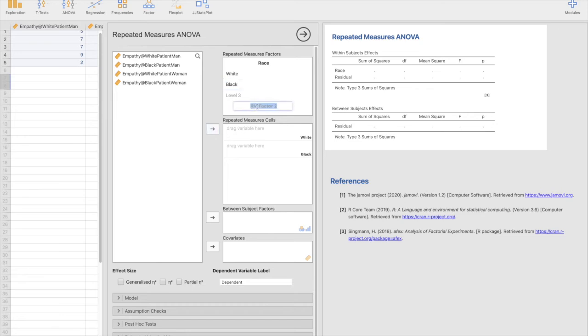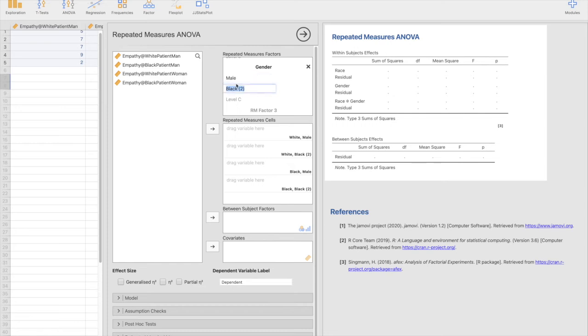My repeated measure factor number 2 is gender, male, enter, female, enter. All right, now we have that all completed, and you'll look down here, it says repeated measure cells. And it says, okay, put the white male cell here, the white female cell here, the black male cell here, and the black female cell next.